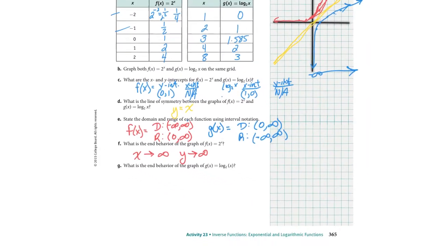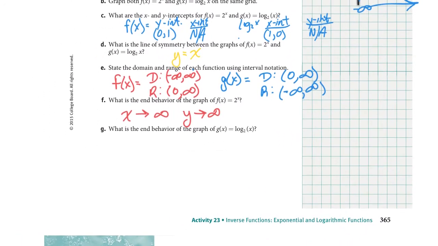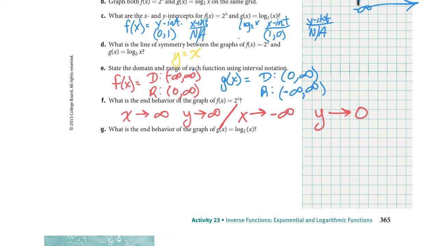And then our second end behavior is as x approaches negative infinity, the y function is approaching 0. It's getting closer and closer to 0, but it's never going to touch it.